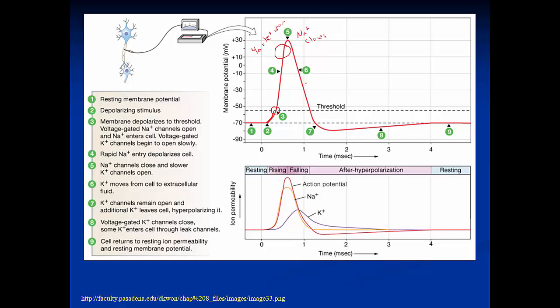Potassium moves out. Somewhere down here, we're a little bit further because those potassium channels stay open a little bit too long. They're going to close, and then diffusion is going to cause the cell to return to the resting membrane potential.